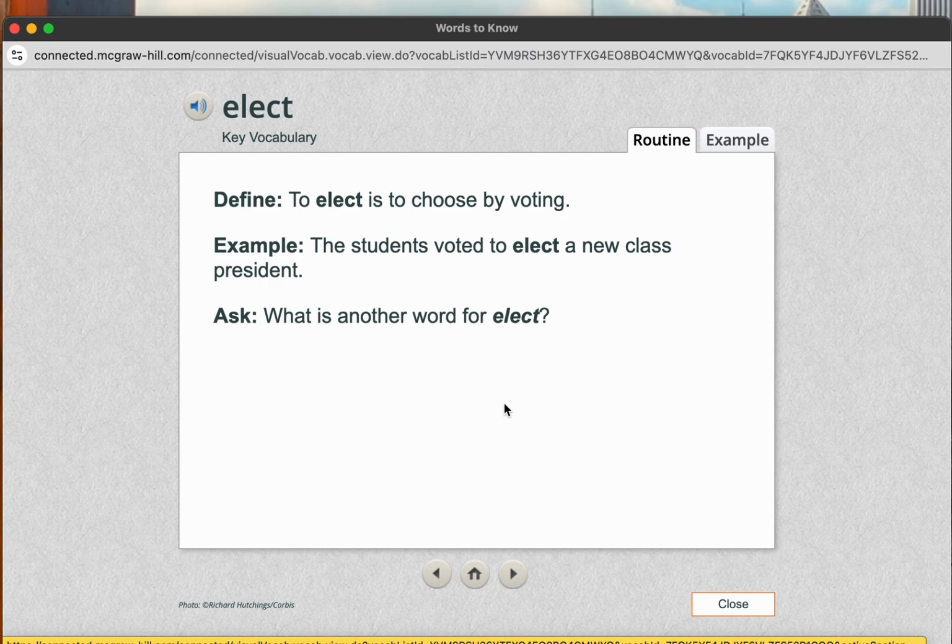If you said vote or choose, those are both really good answers. Pick, select, things like that.